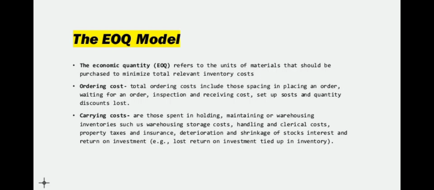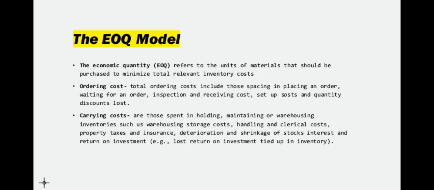So, I am the next reporter, and my topic is the EOQ model. The economic order quantity, or EOQ, refers to the units of materials that should be purchased to minimize total relevant inventory cost. Total ordering costs include the expense of placing an order, waiting for an order, inspection, and receiving costs, setup cost, and quantity discount clause.